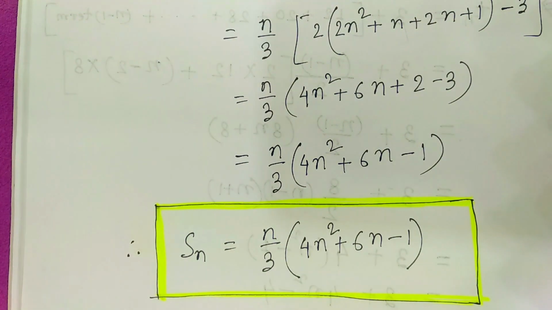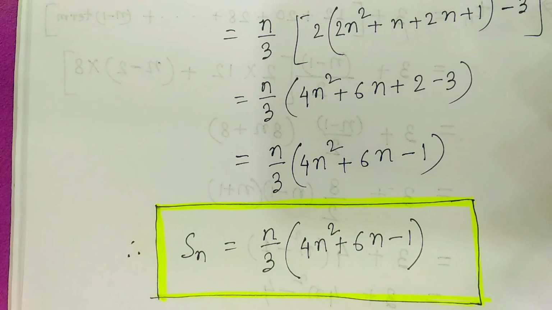So we just find out Tn at first. By hook or crook, we have to find out Tn first. After getting the Tn, we substitute n as 1, 2, 3 and so on, and add all those terms, so that it is the summation of Tn. That is actually your Sn.